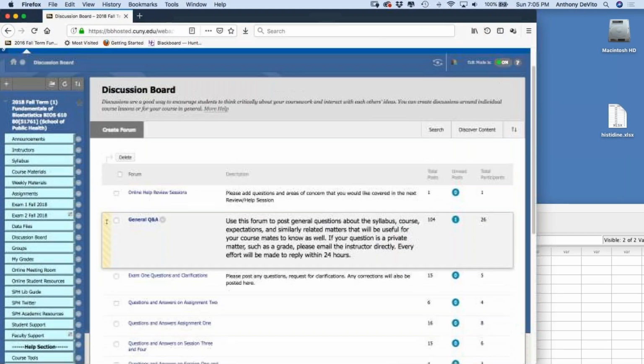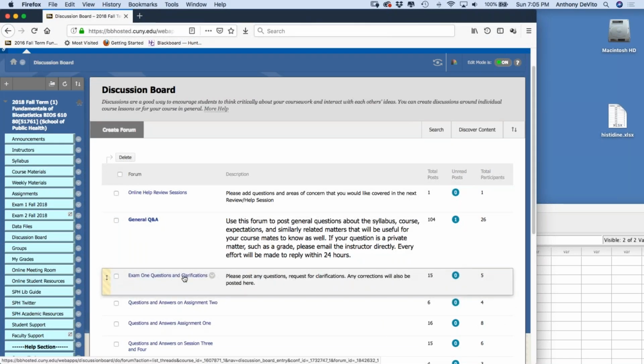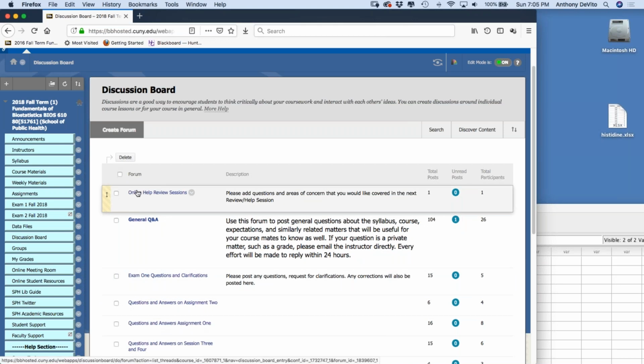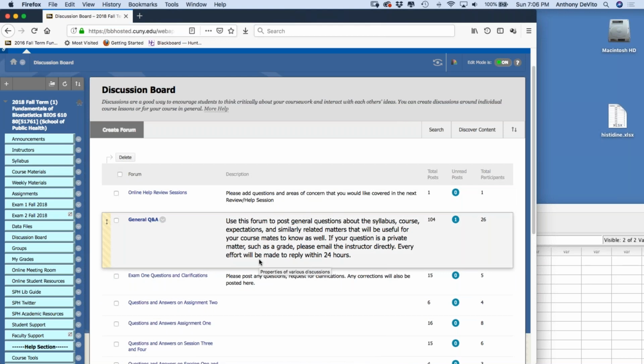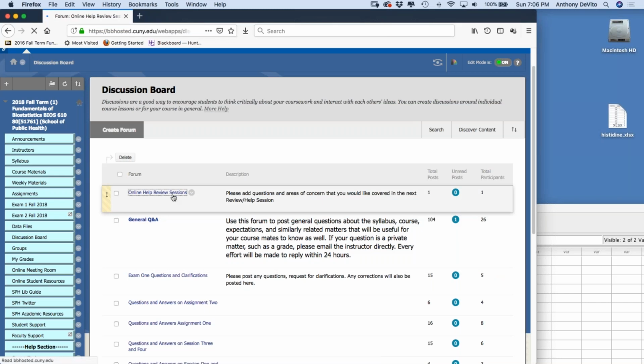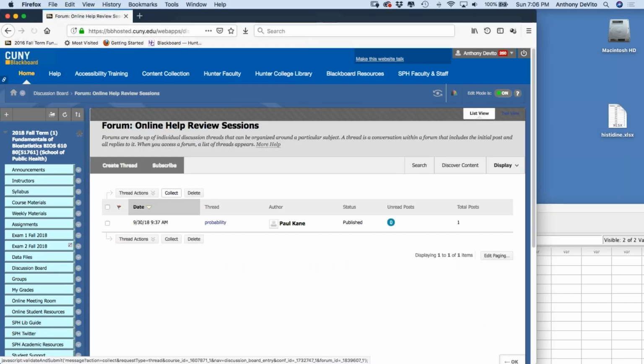But I will make sure that there is, just like here, exam one, questions and clarifications, a version of that that I'll put up after we're done here today for exam two, questions and clarifications. Any issues that you have while you're preparing for or taking the exam, you can post them into that link for exam two.